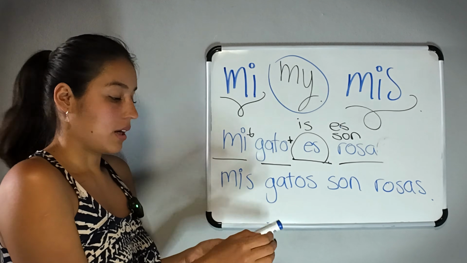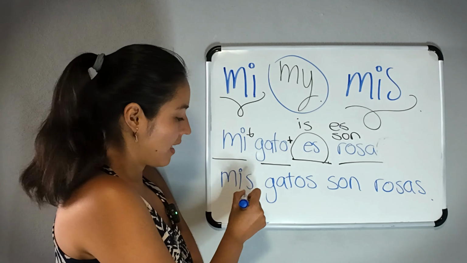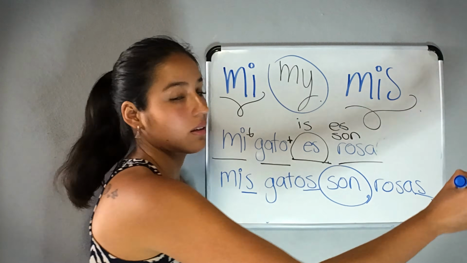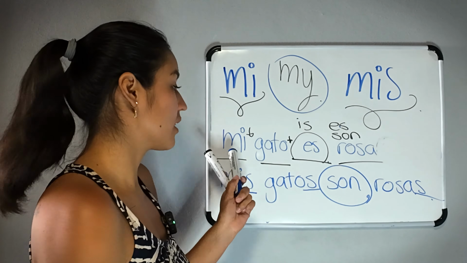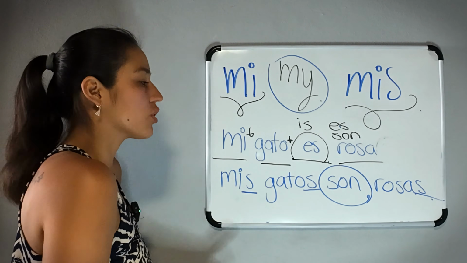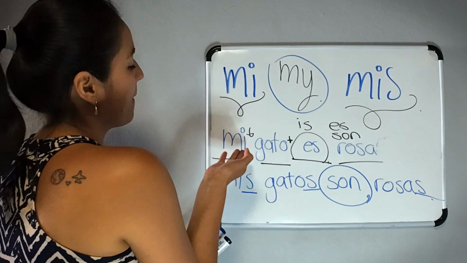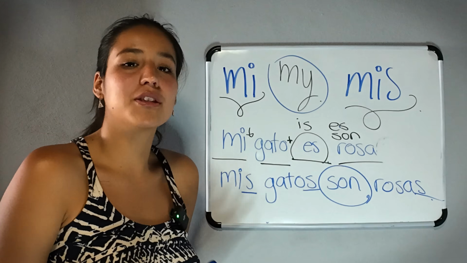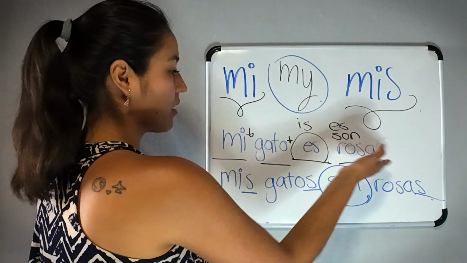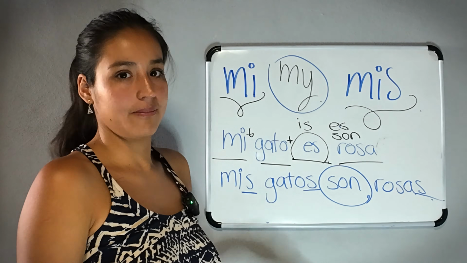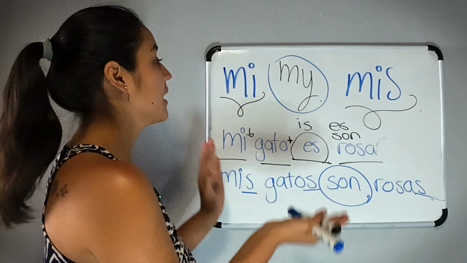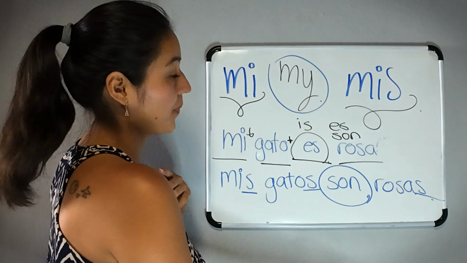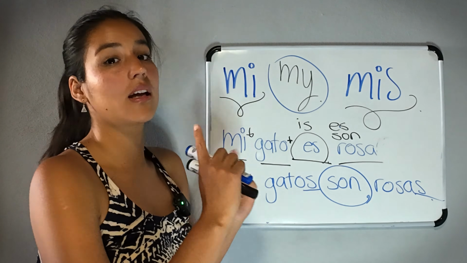So, the other one, we change this one and we add s, from singular to plural. It's not just, oh, because I'm using mis, then I'm going to make the rest plural. No, guys, we have to match. Everything singular, everything plural. See? So remember, mi without accent means my, and we have singular and plural.